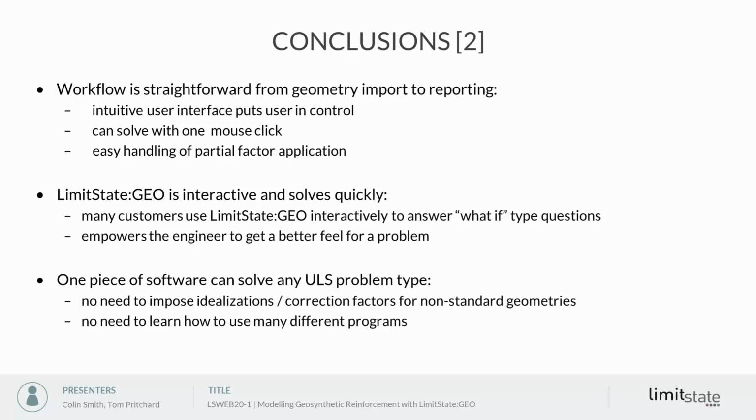And you can also use the software to solve any ULS problem type. We don't need to impose any idealizations or correction factors for non-standard geometries, and so there's no need to learn many different programs to deal with those different problem types.